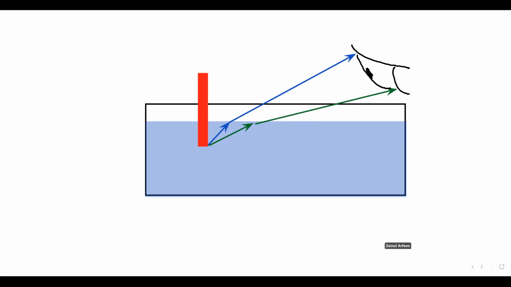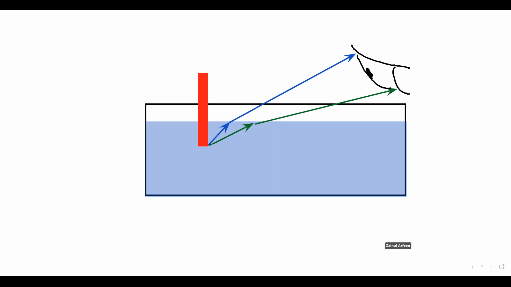Our brain produces these two light rays backward, the first one and the second.